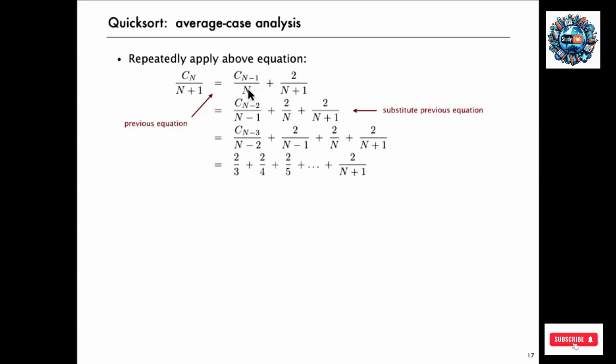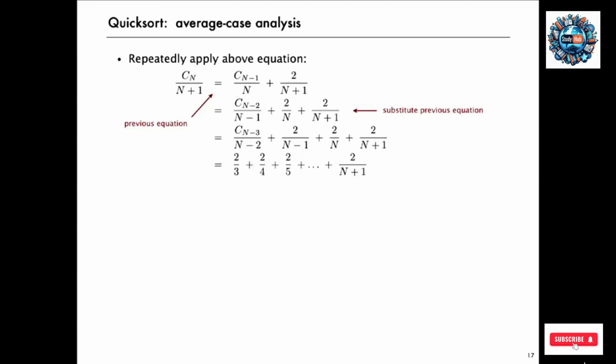The first term at the right is the same as the term on the left, so we can apply the same equation. So it's 2 over n plus 1. We apply for n minus 1. We get 1 less here, and we throw out a 2 over n. And continue that way, throwing out 2 over decreasing numbers all the way down till we get down to 2 elements, or C_1, which is 0.